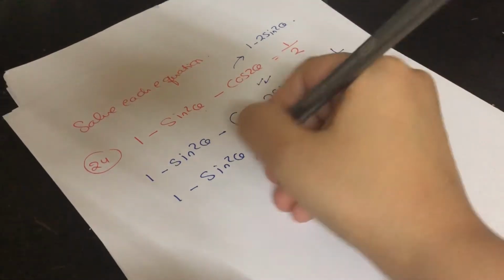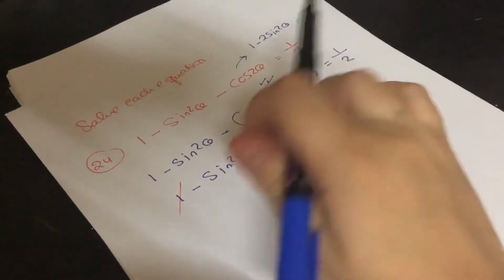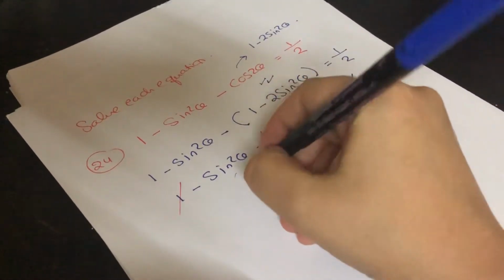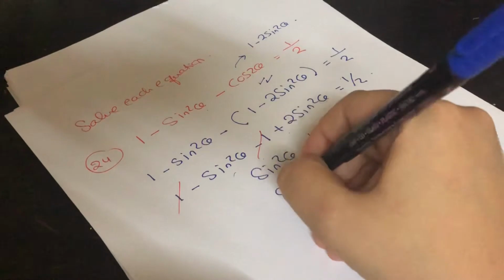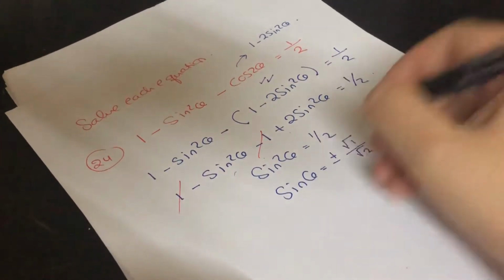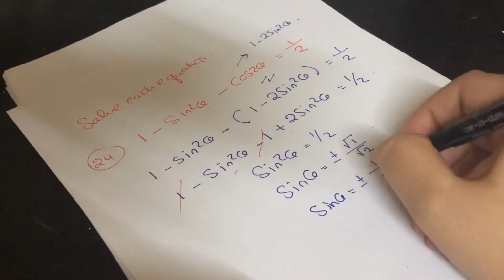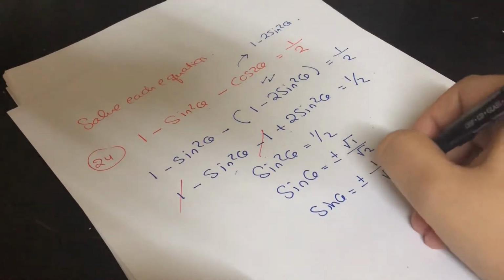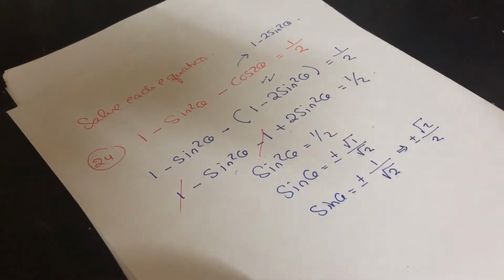This 1 will cancel this 1, and I will see 2 sine squared theta minus sine squared theta, which gives me sine squared theta equals half. And then sine theta is equal to positive or negative 1 over root of 2, which is positive or negative root of 2 over 2 after rationalizing the denominator.